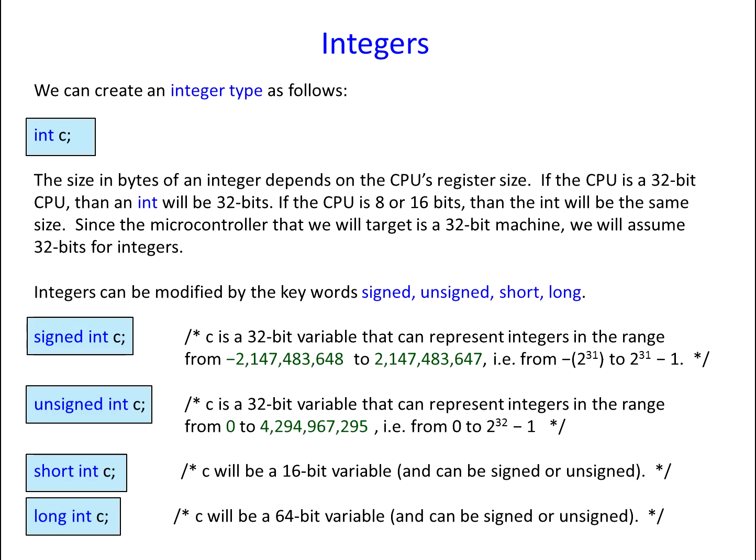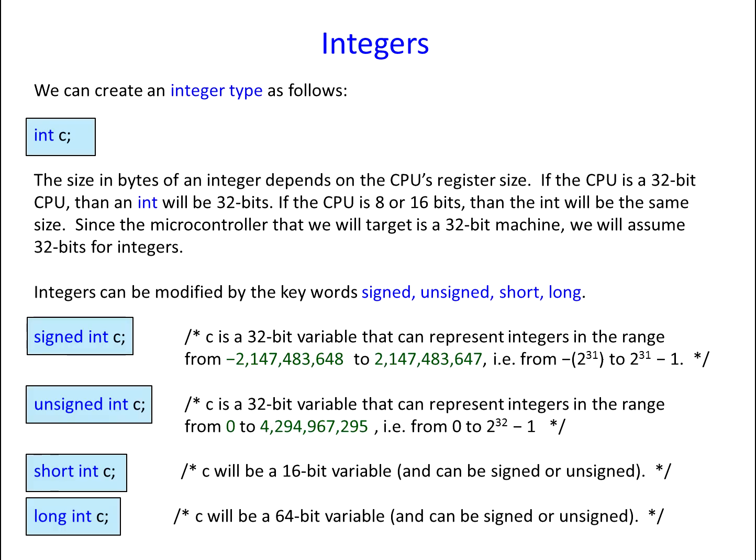Okay, so let's look at another data type. These are called integers. To specify an integer, we use the keyword int. Ints can be a little tricky because the size of them will vary depending on what CPU you're targeting.